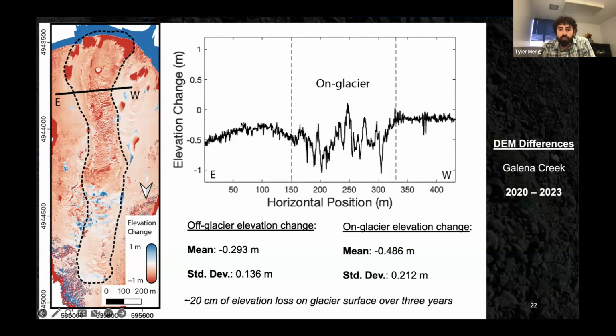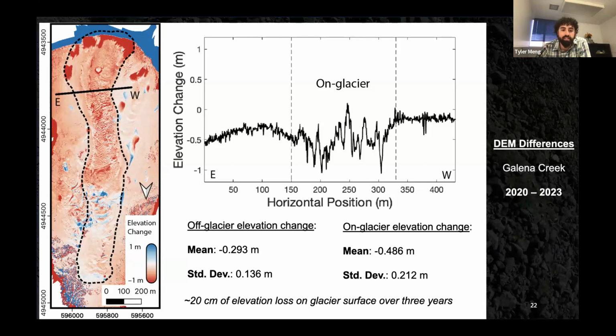But we can observe that the mean of this on glacier DEM difference is about twice the amplitude of the mean of the off glacier DEM difference, and the variation on glacier is also greater. So we can infer that there is some real effect on the elevation change occurring on Galena Creek Rock Glacier, in that it's thinning.